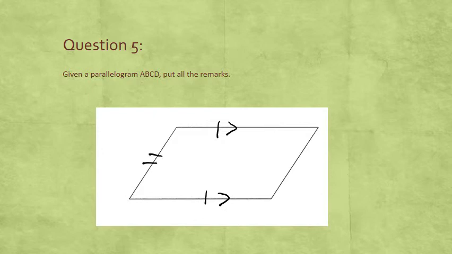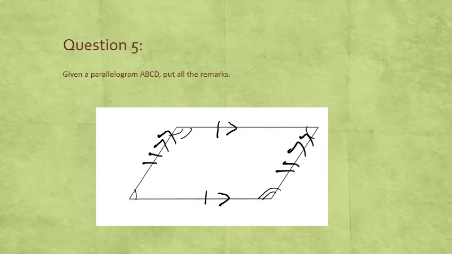And then here. Okay. What about the angles? The angles are equal. So opposite angles are equal. This is equal to this, and this is equal to this. What about the diagonals? Jamil, continue.